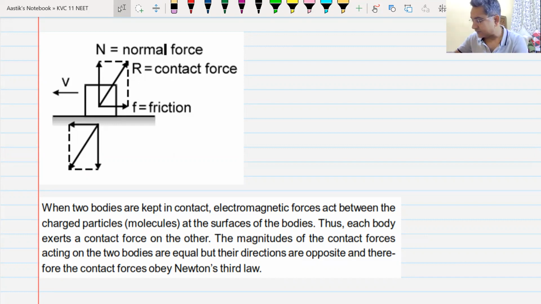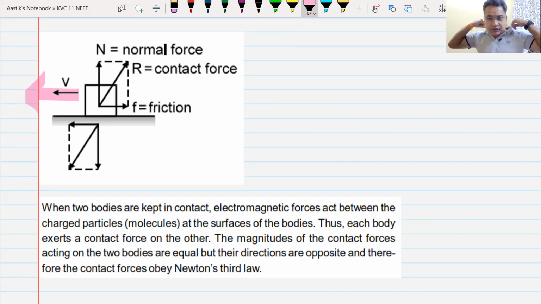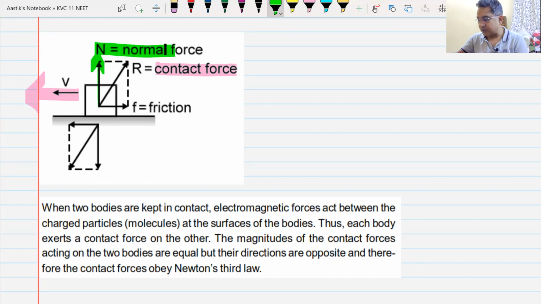Now, if the body, let us say, is moving in this direction, but this body is kept on a surface, these two bodies, the surface and the body, exert forces on each other. That force is known as the contact force or the reaction force, R. This contact force can be resolved into two components. One component is perpendicular to the two bodies, which we have already seen is known as the normal force.